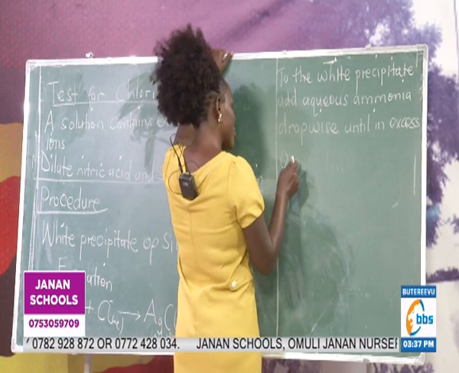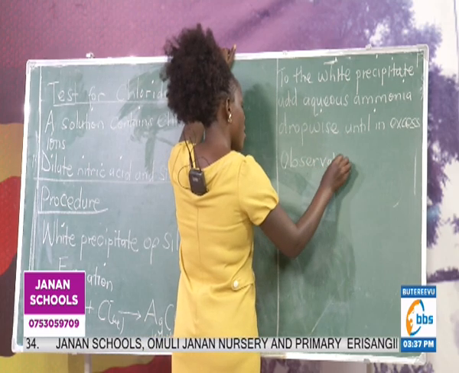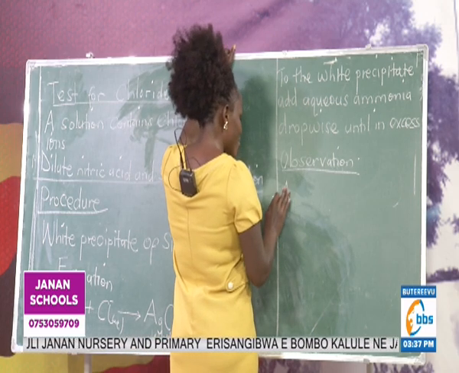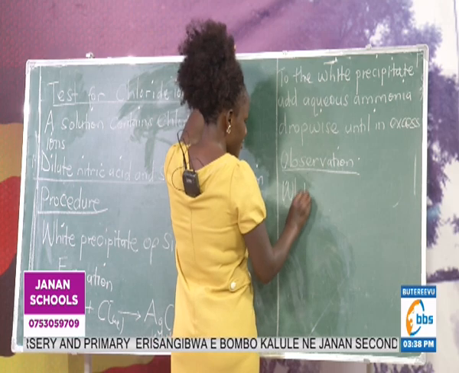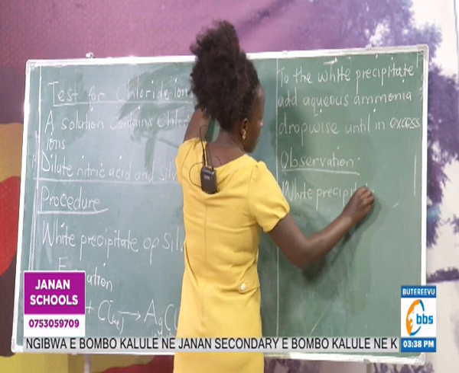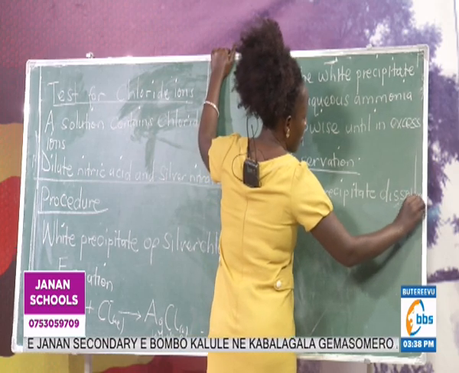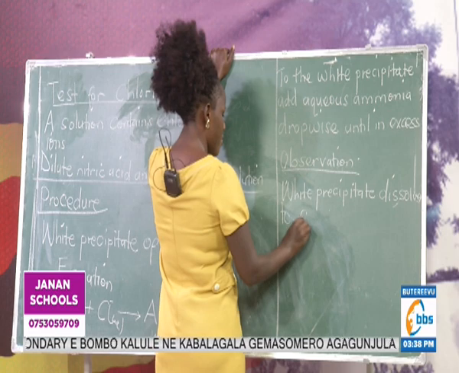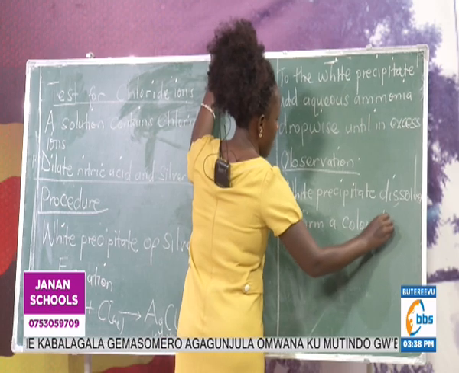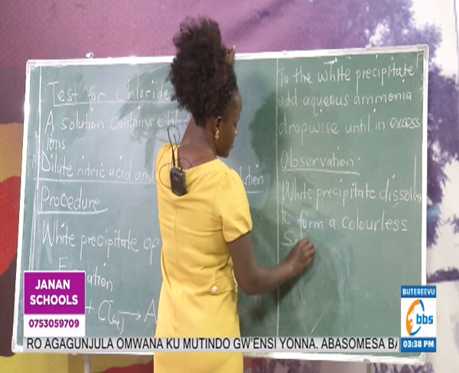Therefore, what will be our observation? Our observation will be the white precipitate dissolves to form a colorless solution.